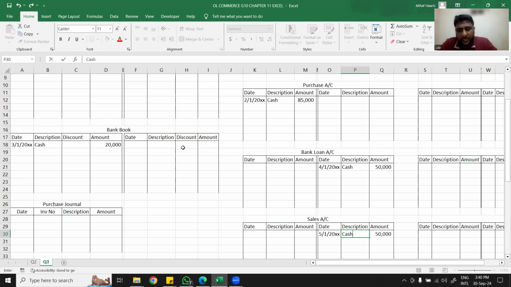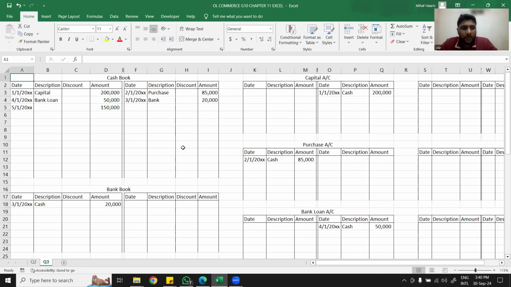Here you can write cash and here you can write sales. Cash debit, sales credit.